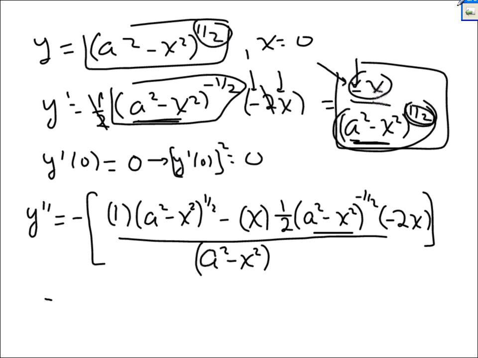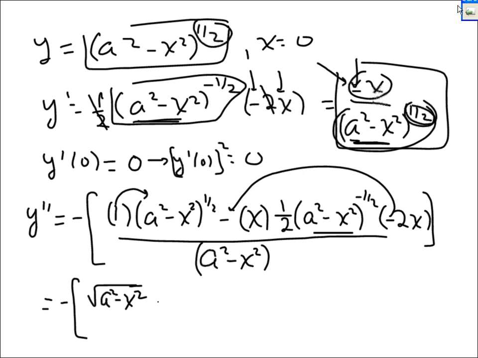Okay, let's clean this up a little bit. Here's that famous negative sign. 1 times that is just that. A squared minus x squared to the half. That means square root. This negative comes in front, makes it positive. So I dealt with that. Half times 2, history.